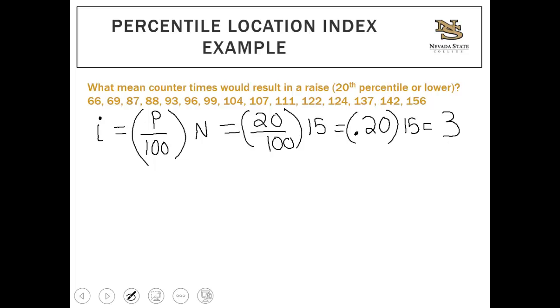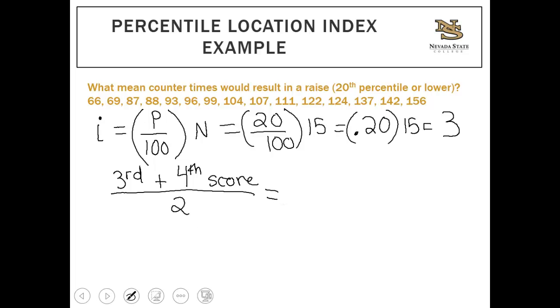Well, 3 is an integer, so we're going to use the third and the fourth score. So we're looking for the third plus the fourth score, and then divide that by 2.